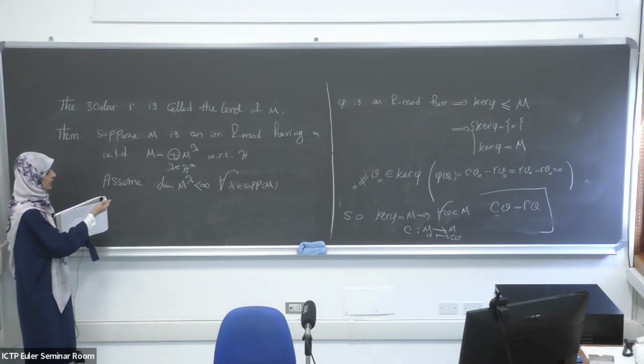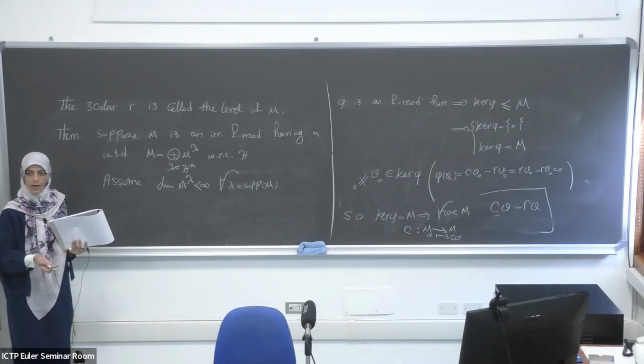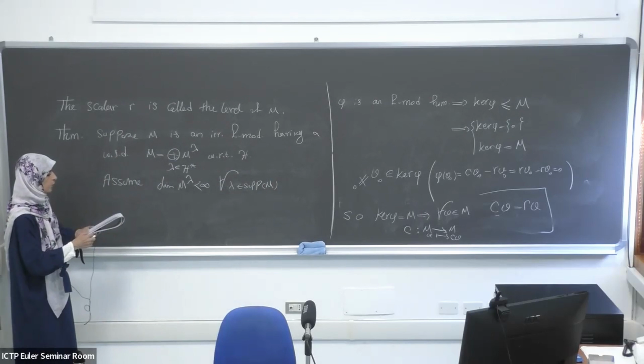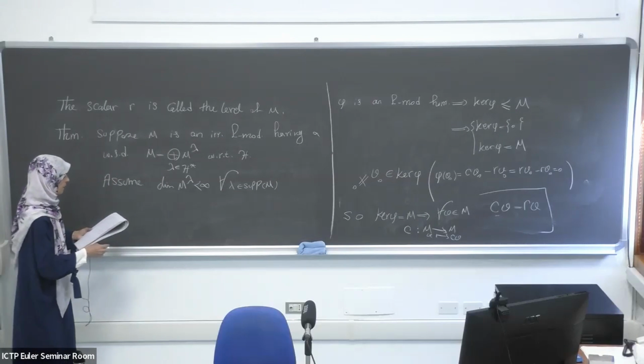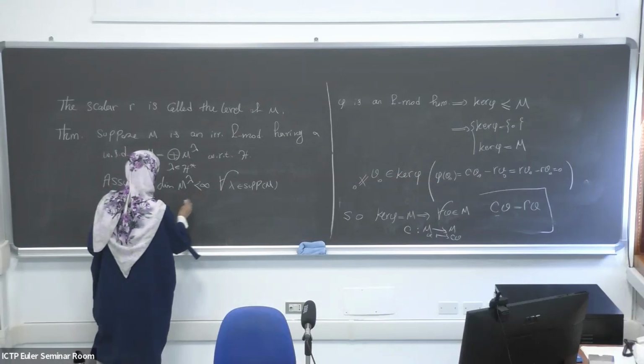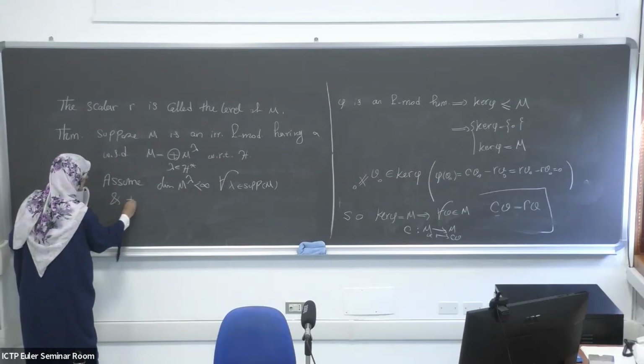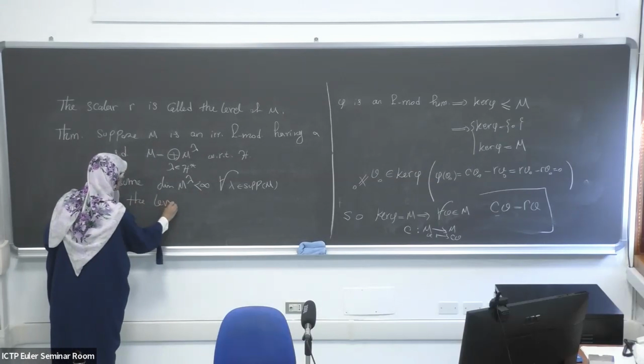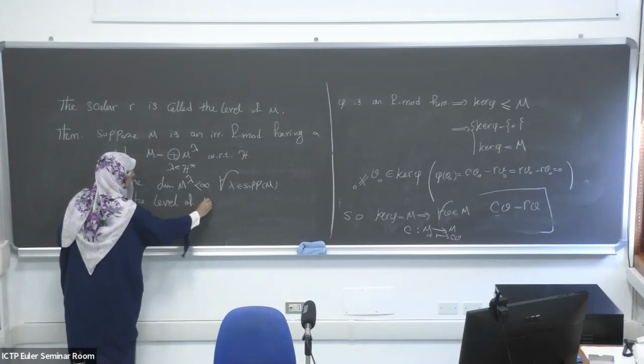And we assume that dimension of M lambda is finite, and the level of M is not 0.